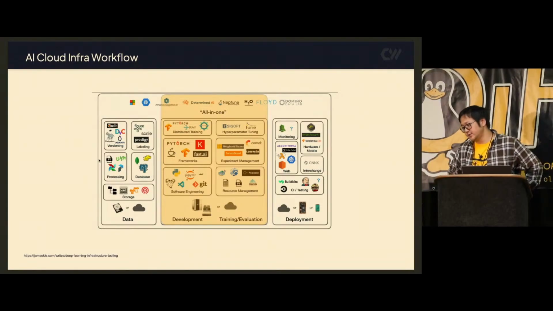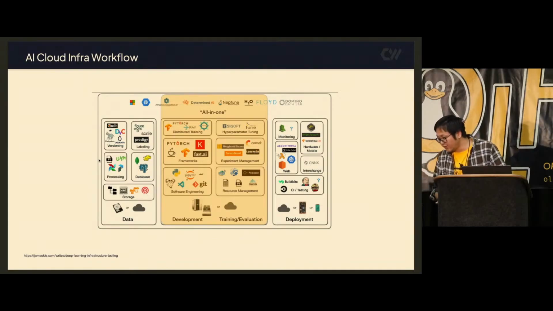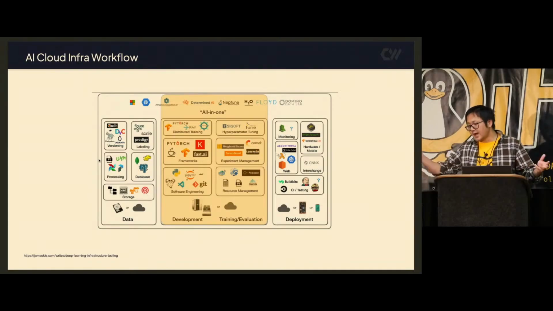All this AI and machine learning is highly related to mathematics, and when we program, we definitely don't want to write any mathematical equations. So all these frameworks come in, like distributed training, PyTorch, and Fast AI, which are specifically for AI. But now we merge them together, so we come to this AI compute.